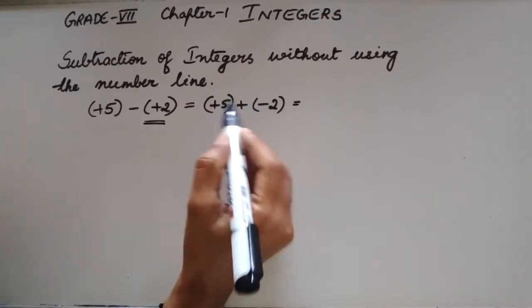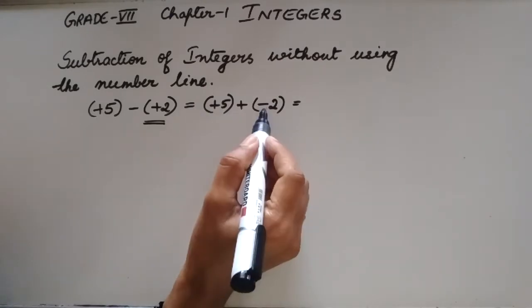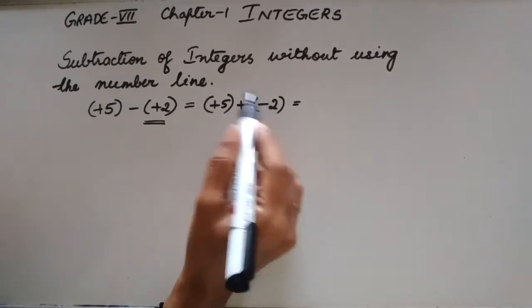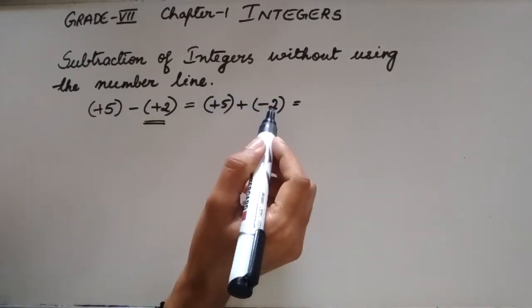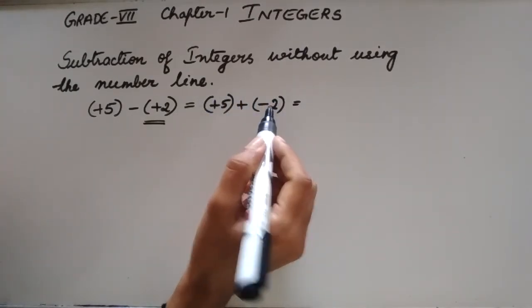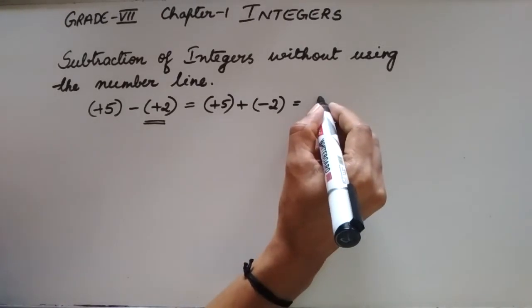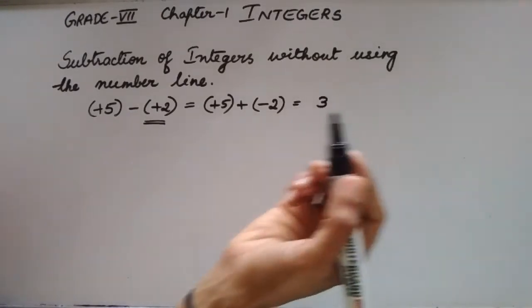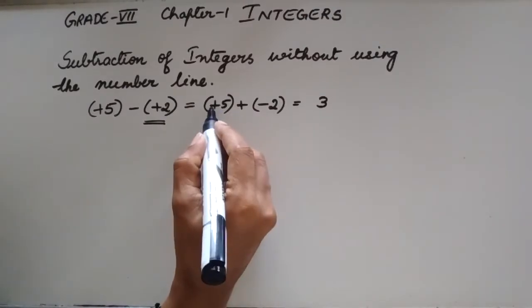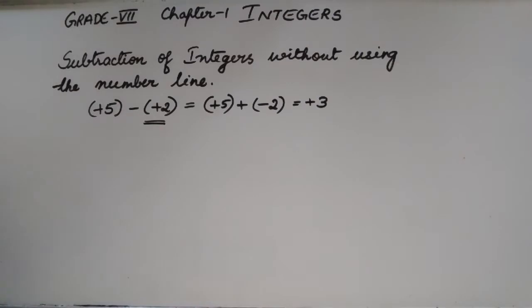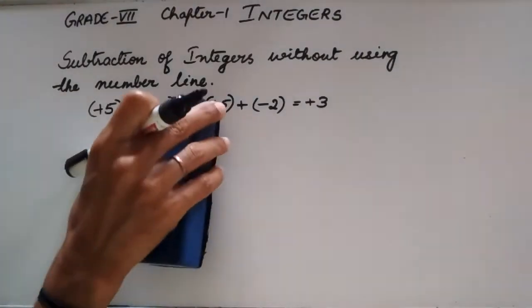When one positive integer and one negative integer are added, we take their difference, isn't it, students? So what is the difference? 5 minus 2 is 3. And then place the sign of the bigger integer. So what is the sign of the bigger integer? It is plus. The answer is plus 3. Did you get this, students?